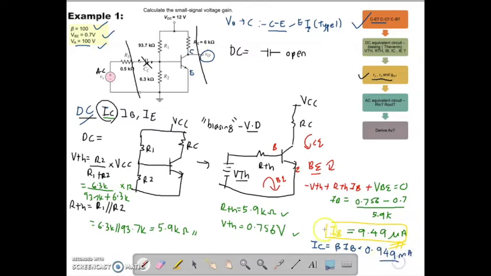Again, always leave your IB in microampere because IB is very small, and your IC always in milliampere. Now, do you need to find the value of IE? It is optional. If the question doesn't ask you to find the emitter current, you can leave it, because the important value in order for you to proceed is your IC.